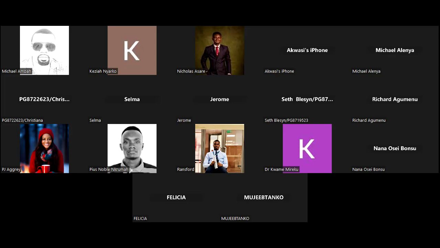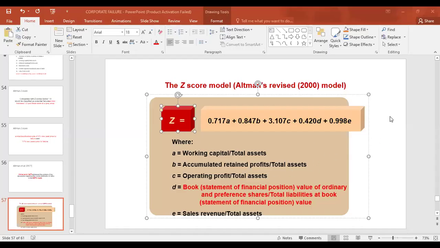Please, this is the formula you'd be using. This is the one I used. So we computed working capital, which is total current assets minus total current liabilities, divided by the total assets.